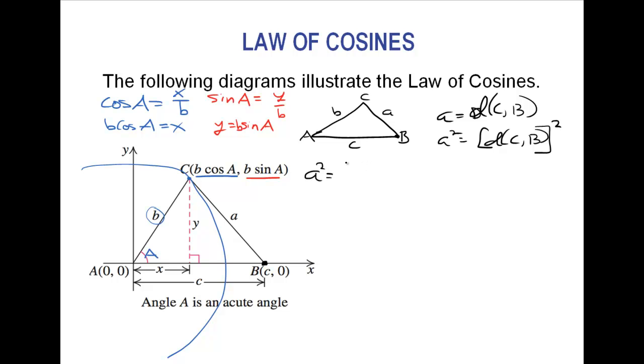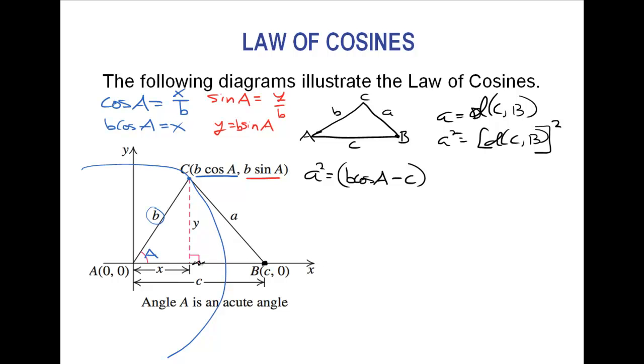equals, well, our change in x's from this point to this point is b cosine a minus c, right? That's the distance going from this point to there.